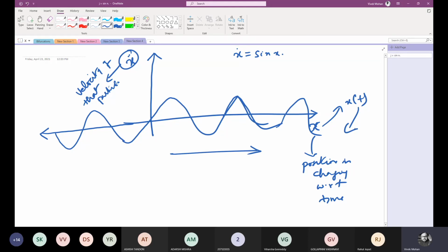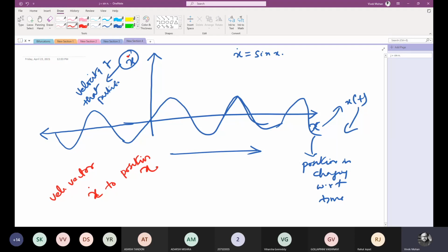Now, then the differential equation x dot equals sin x represents a vector field on the line, and it dictates the velocity vector x dot to position x, right? Position x. Now we are sketching the vector field.